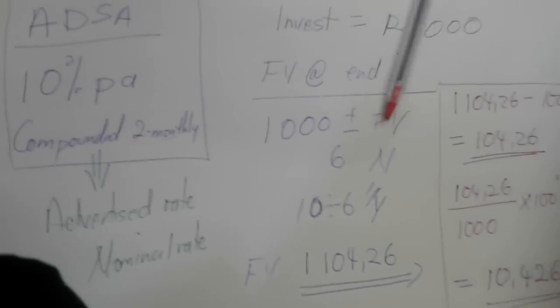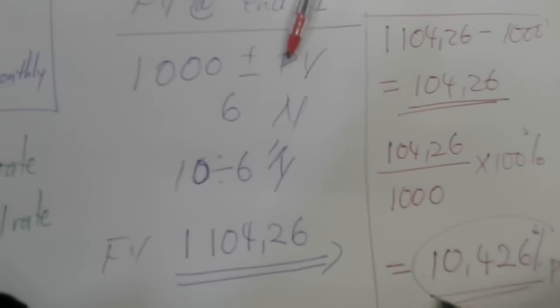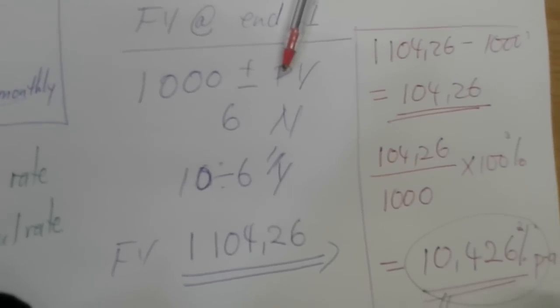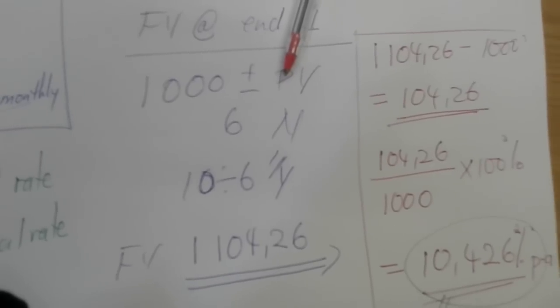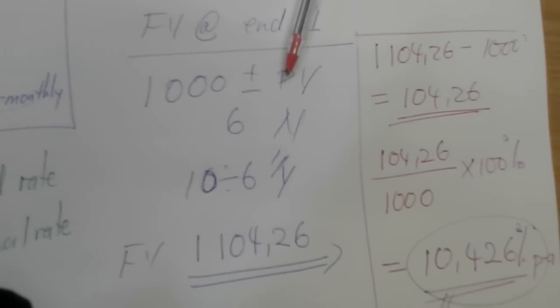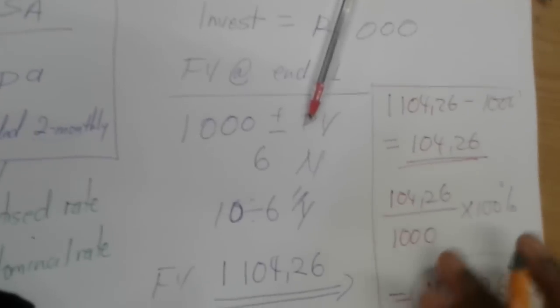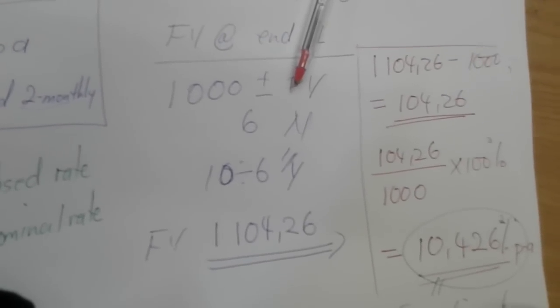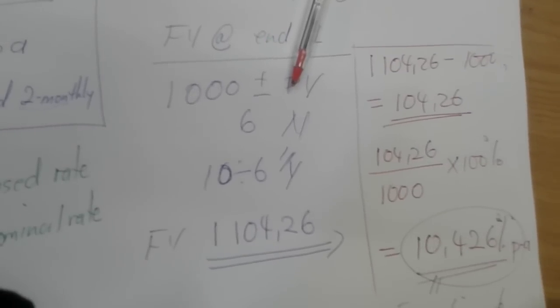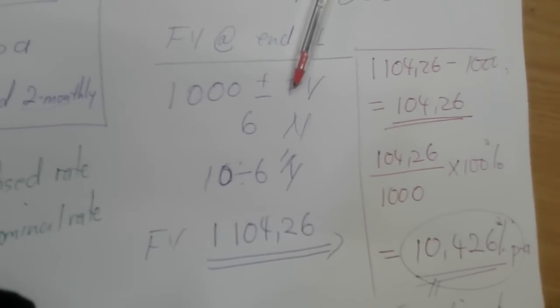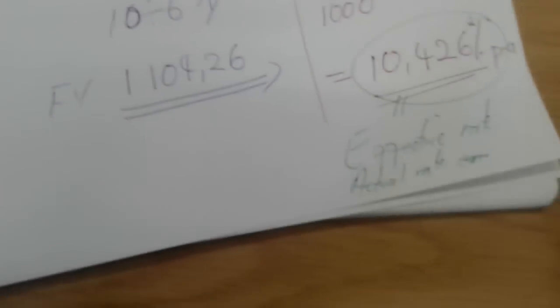So this, the actual rate that you are earning, is called the effective rate, or the actual rate earned. So remember, there is the advertised and the actual. Sometimes they might be different. Nominal, effective. Advertised, actual.